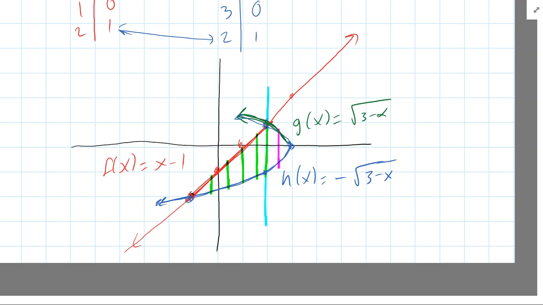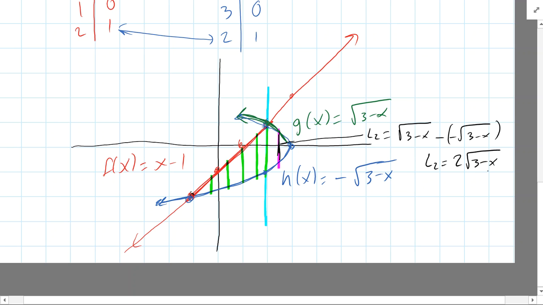So for this one, this is my region 2. For L2, what is L2 equal to? I'm going to redo that. L2 is equal to the upper, which is this one, minus the lower, minus a negative square root of 3 minus x. Does that mean I have two of those radicals? L2 equals 2 square root of 3 minus x.